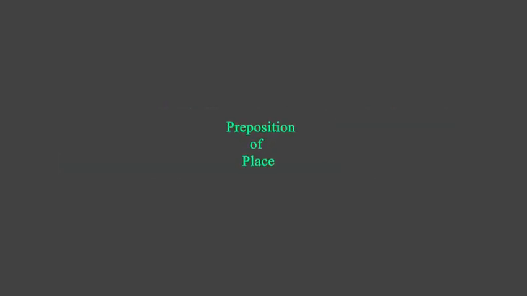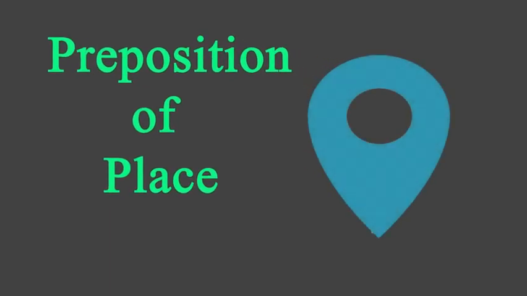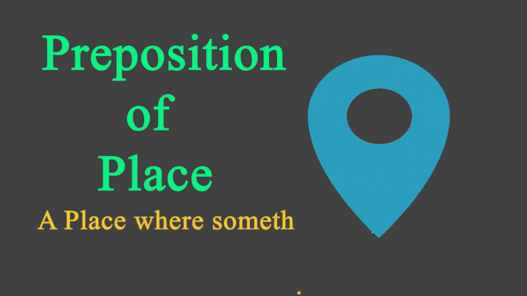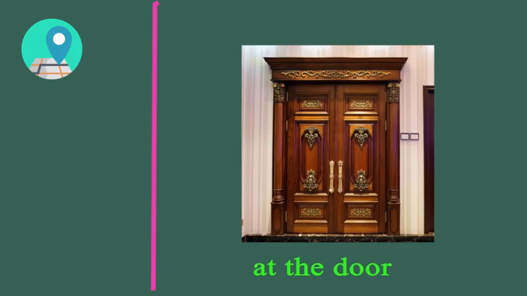Preposition of place. It is the place where something or someone is located. Let's understand with examples. We say someone is waiting at the door.